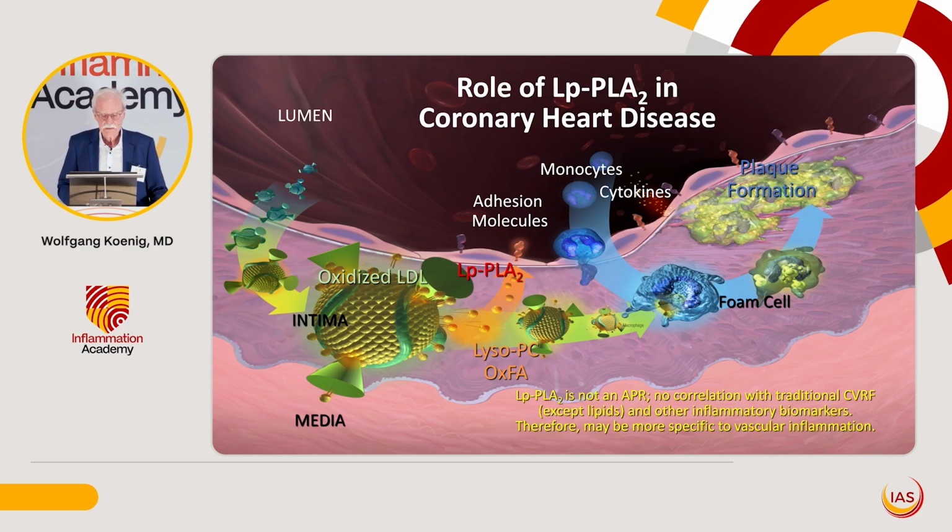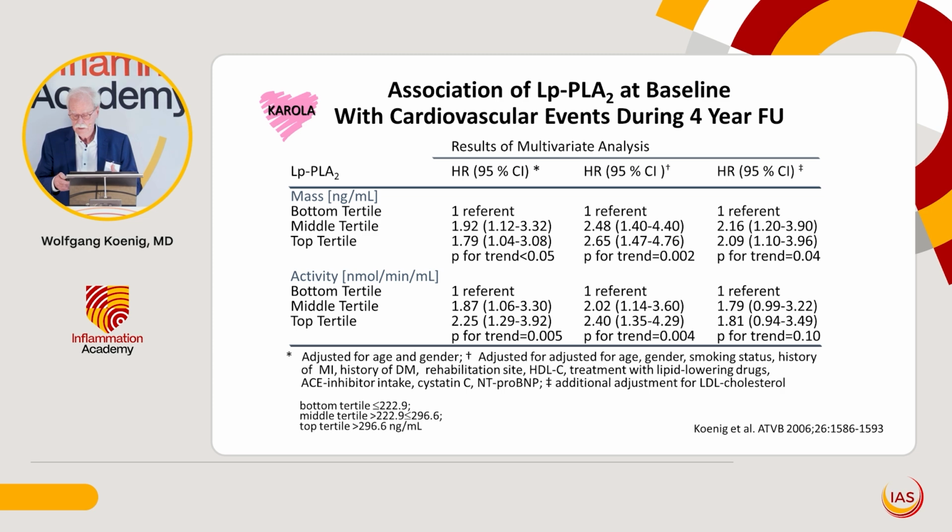Lysophosphatidylcholine and oxidized fatty acids are very atherogenic. And they formed the basis for a hypothesis that this might be important for risk prediction. And at the same time, darapladib, an inhibitor of Lp-PLA2, was available, and this was followed up then in 2 large clinical trials.